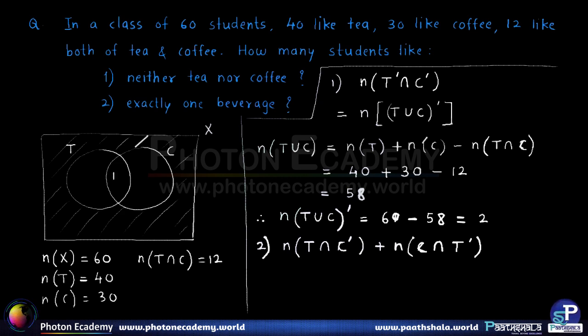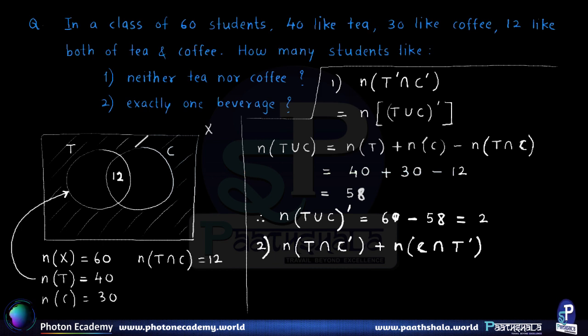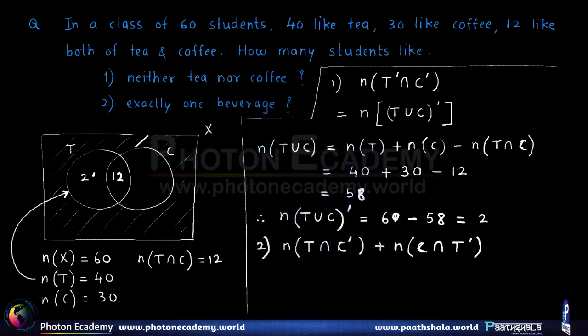So let us write 12 here. But number of people who are inside T, that is given to be 40. So therefore the people who are strictly within T and not within coffee, that is nothing but 40 minus 12, which is nothing but 28. So there are 28 people who like only tea but not coffee.